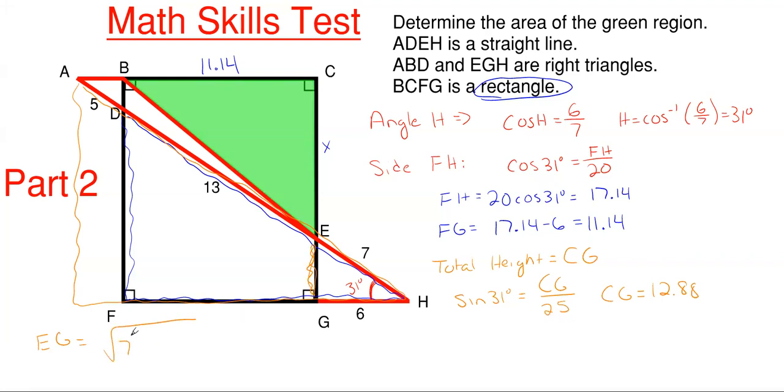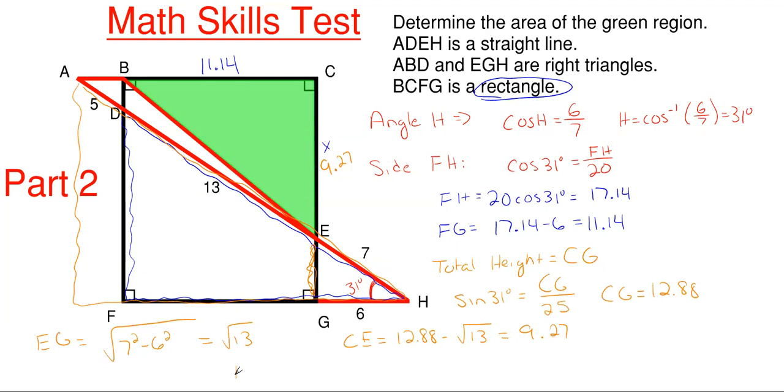So we have 7 squared minus 6 squared, square rooted, which gives me the square root of 13 for this side. Thus CE is equal to 12.88 subtracting off the square root of 13, which is equal to 9.27. So this side right here is 9.27 units in length.